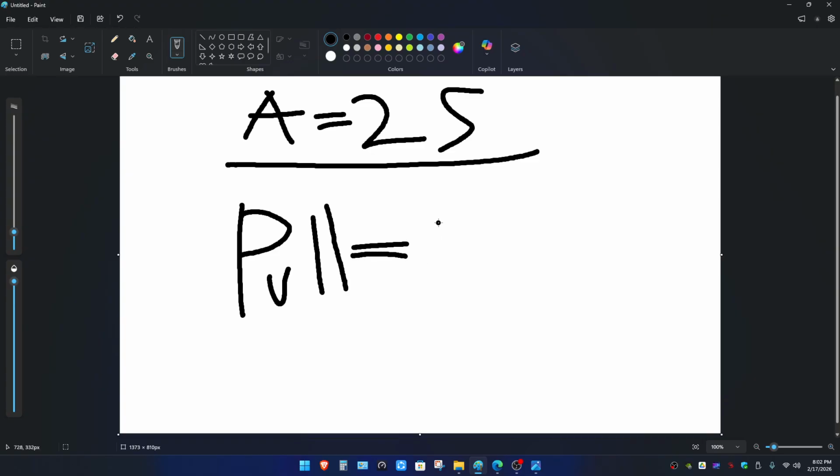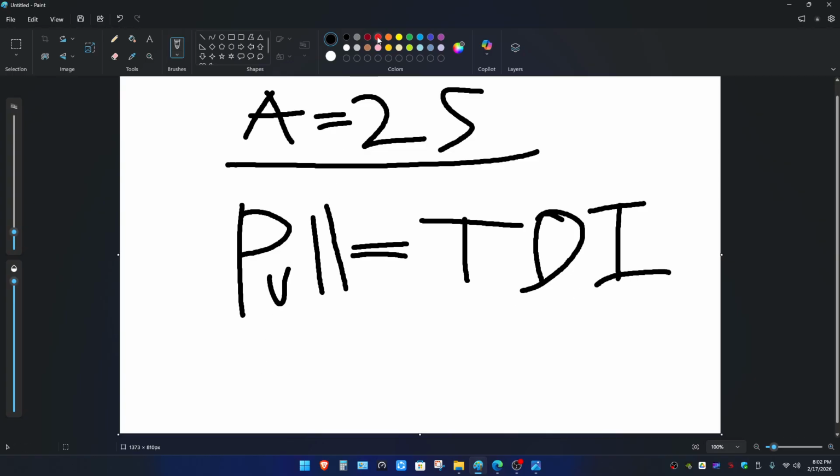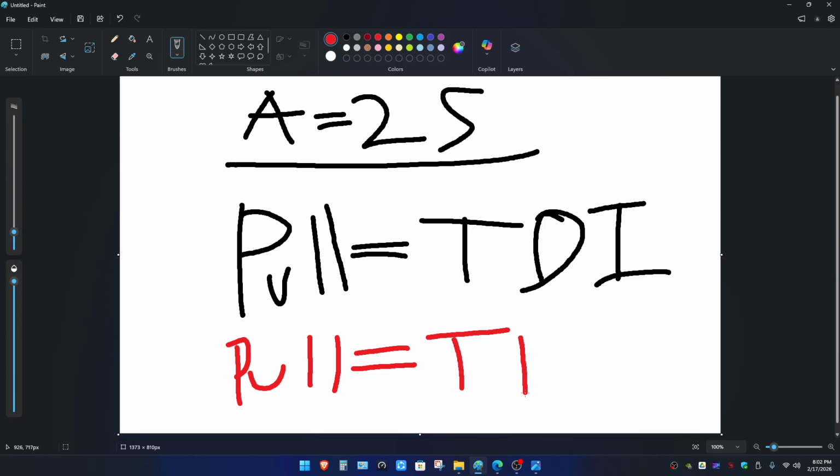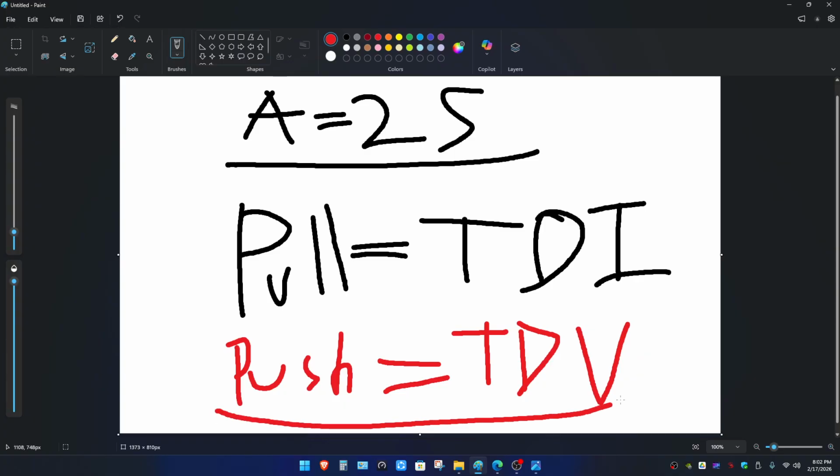It is completely thermodynamically invisible, and the push signal is thermodynamically visible. So this is the whole difference.